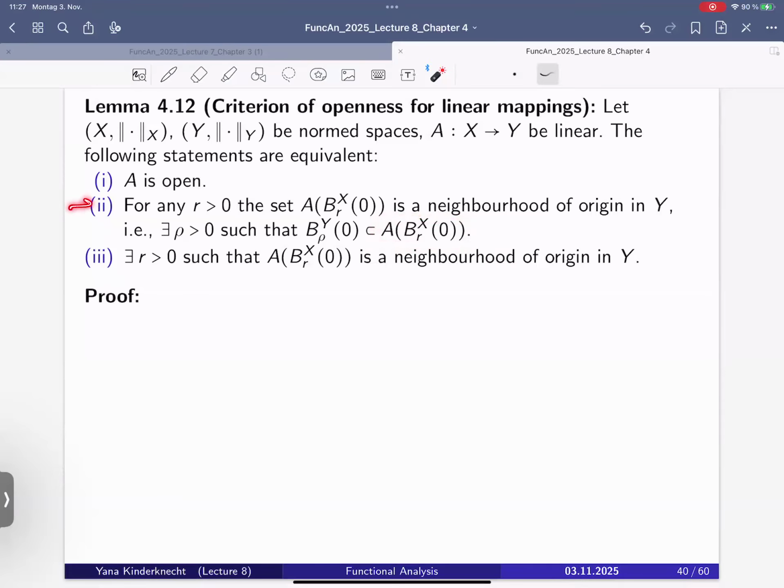Three: this is the statement that there exists at least one R such that this holds. Okay, so we still have some time, so let me try to prove this lemma.